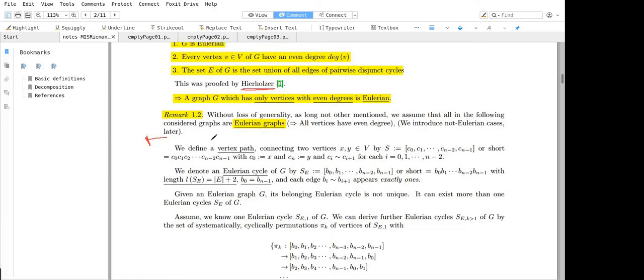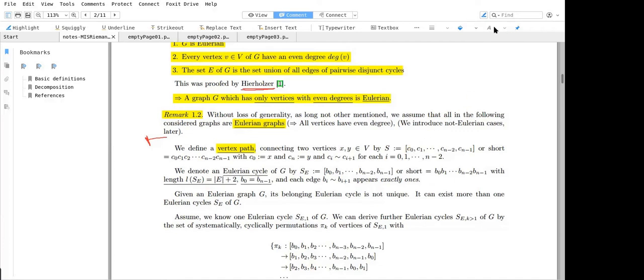So at first, what we have are vertex paths in general. In general, how do we write down a vertex path? We go through a random path through our graph, and we can simply write it down according to the order in which we went through the path.